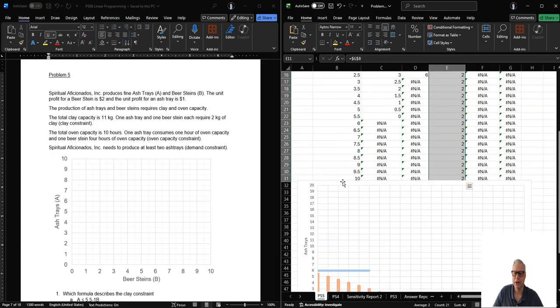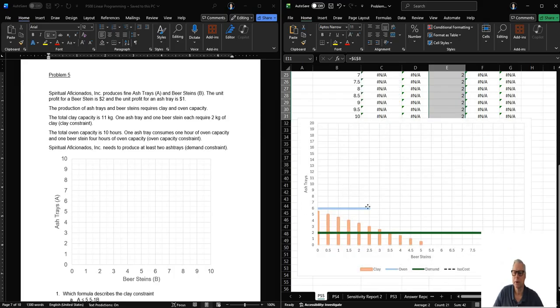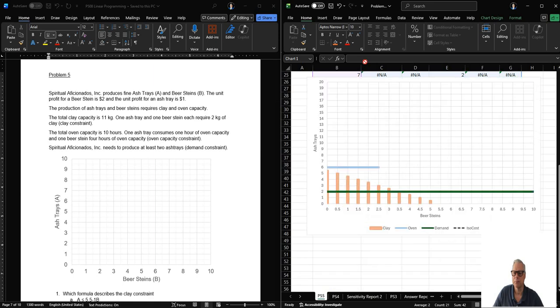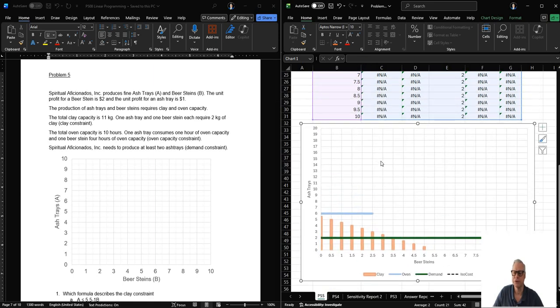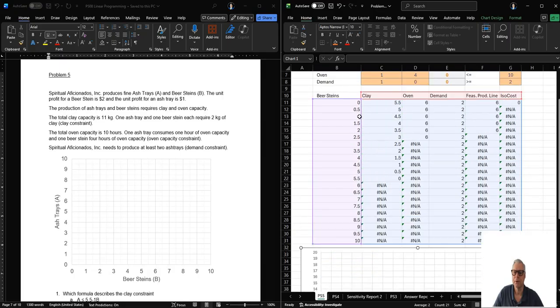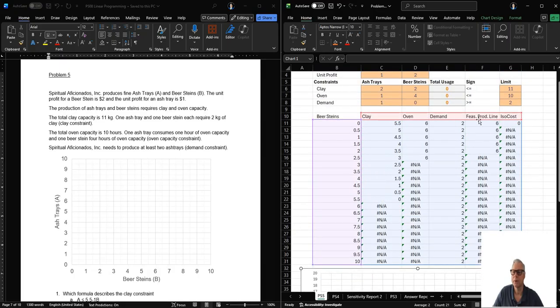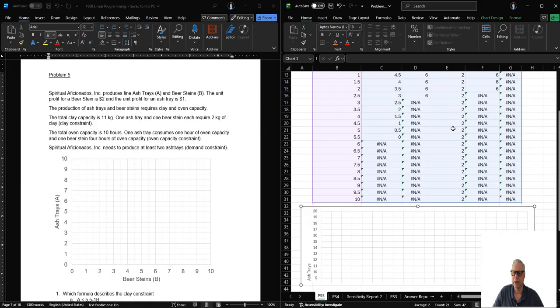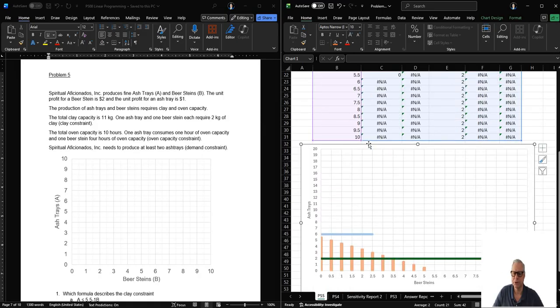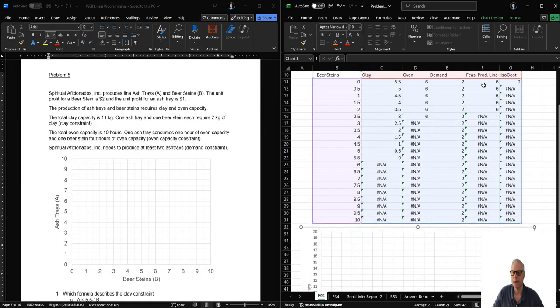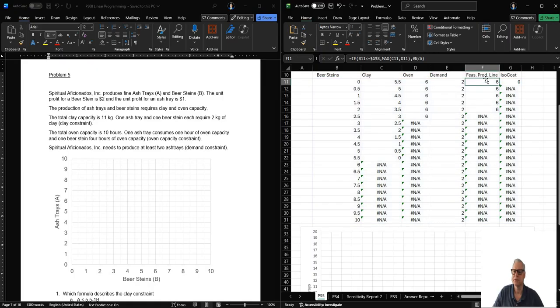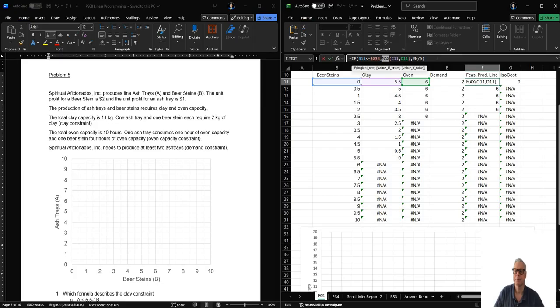Okay, so now we should have where's that 6 coming from? And okay, so the area of feasible production, it says 666. We have to change that again to min.